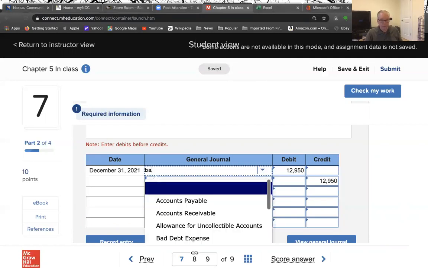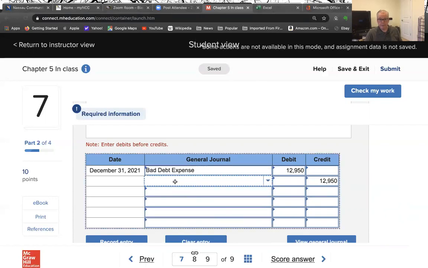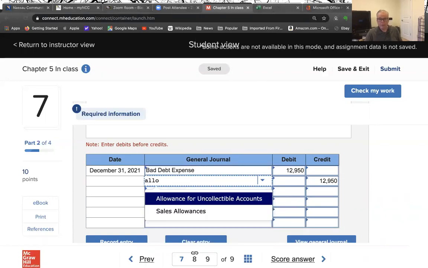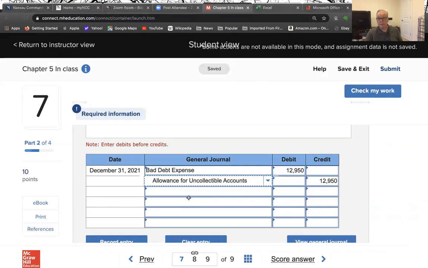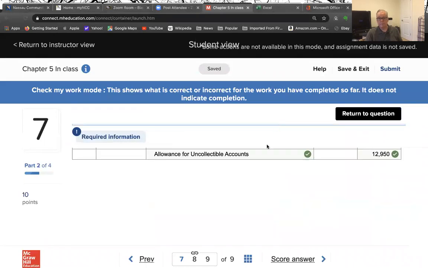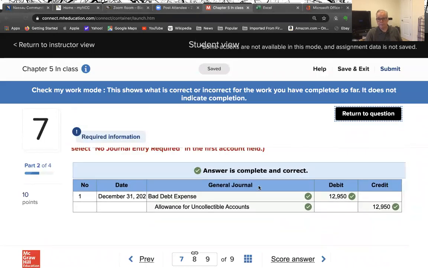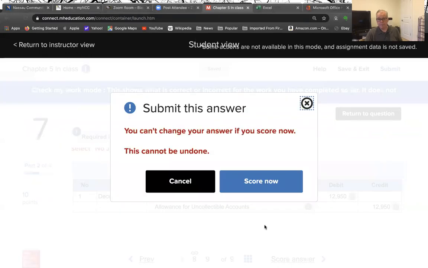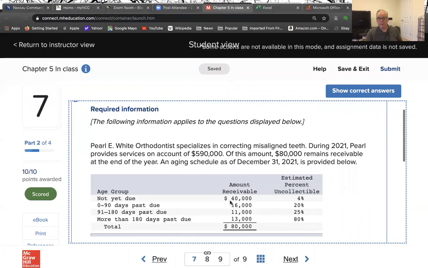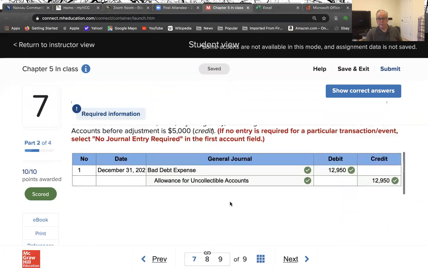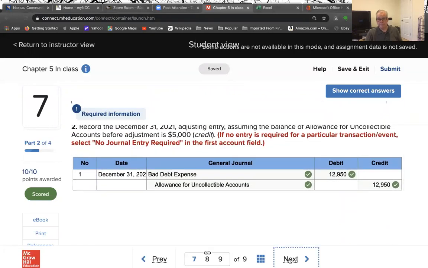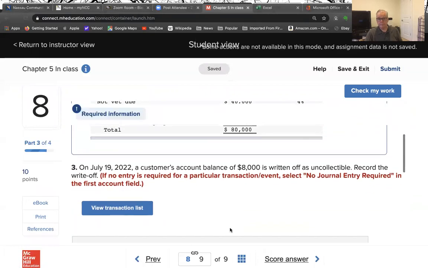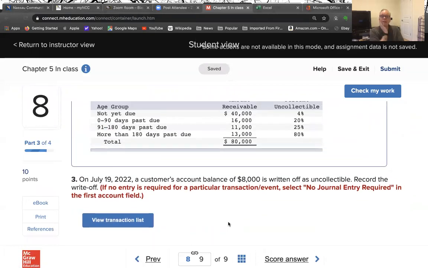Debit bad debt expense, credit allowance, right? 12,950. Check. Right? Correct. Okay. All right.